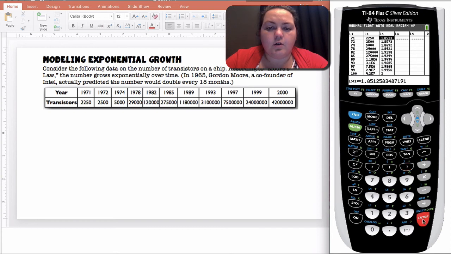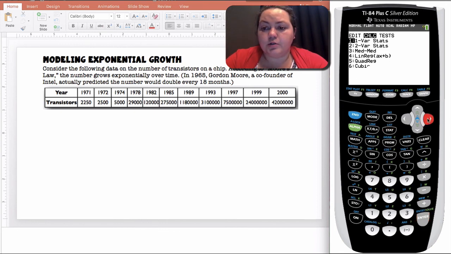Enter, and all of this list is now the log of all your list 1 values. List 4, go up there and create the log of list 2. And now you have the log of all your list 2 values. And you could use that.